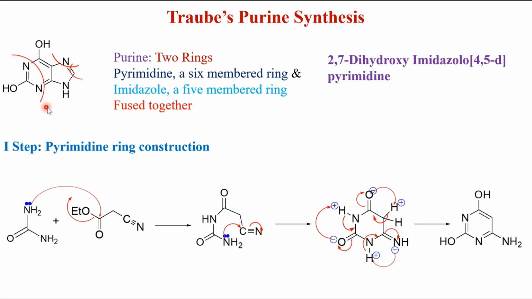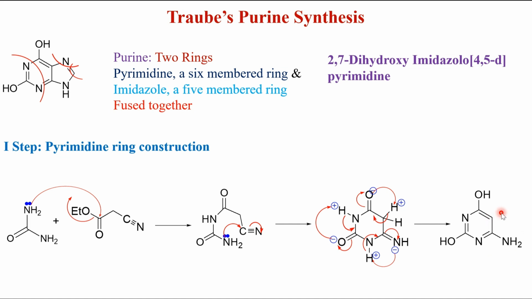I have constructed this pyrimidine ring system, which is shown here with an amino group at the position. Now I have to add an amino group, an N-H-N group and a carbon group to this and construct the imidazole ring onto this pyrimidine.